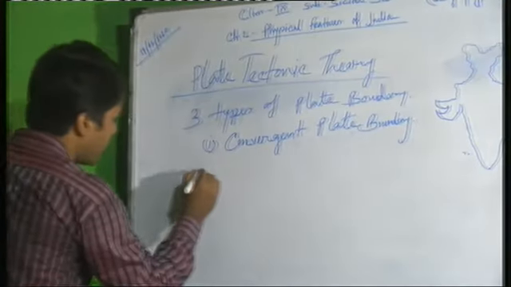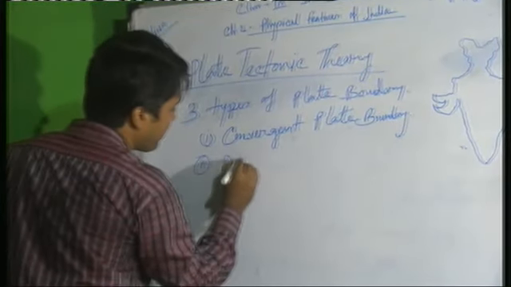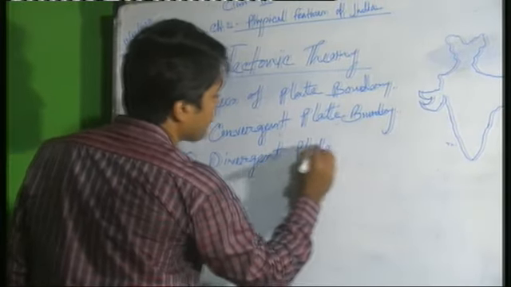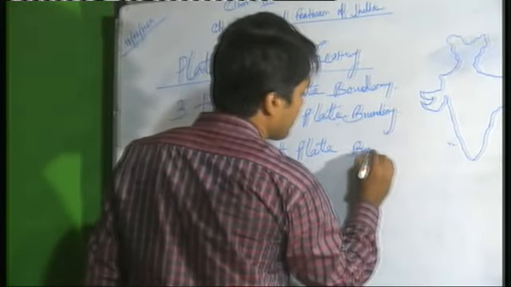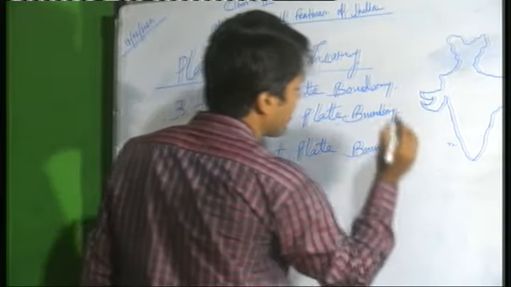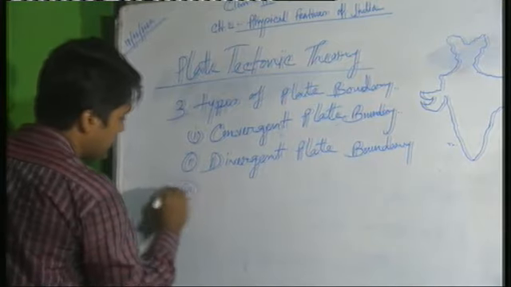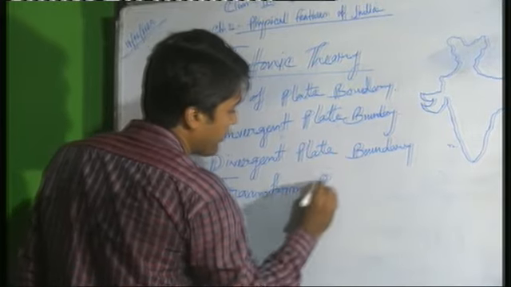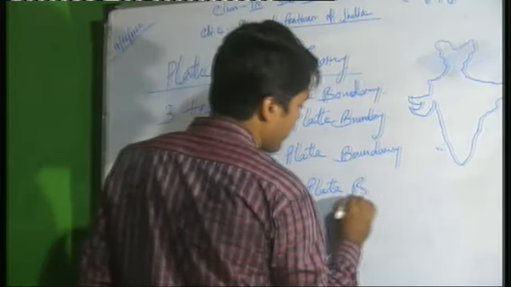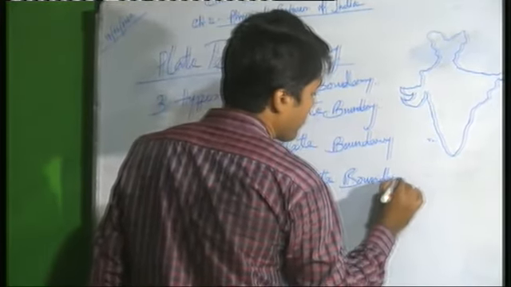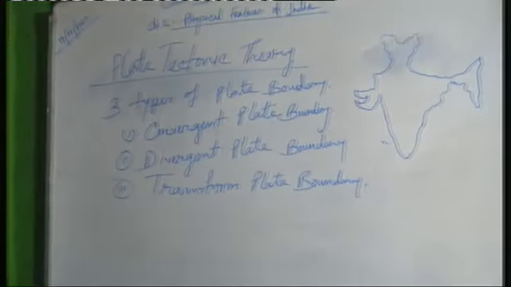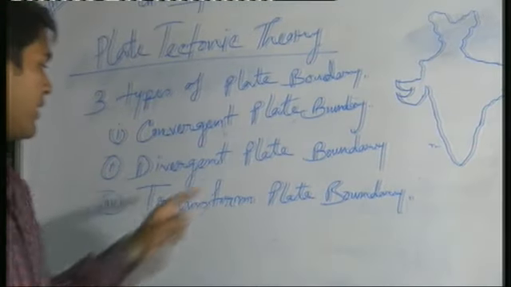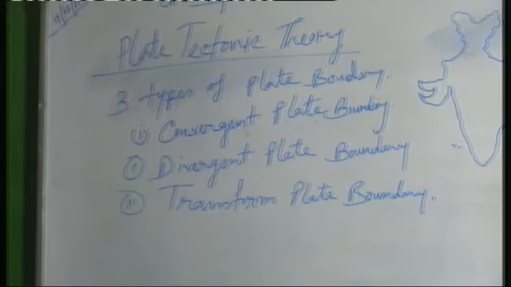Number two, divergent plate boundary. And number three, transform plate boundary. These three plate boundaries are very important: convergent plate boundary, divergent plate boundary, and transform plate boundary.